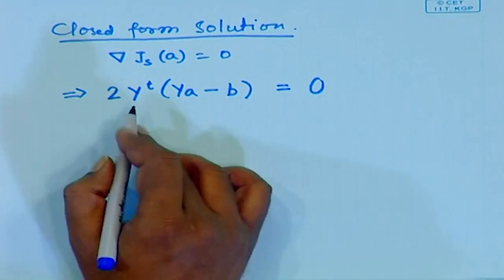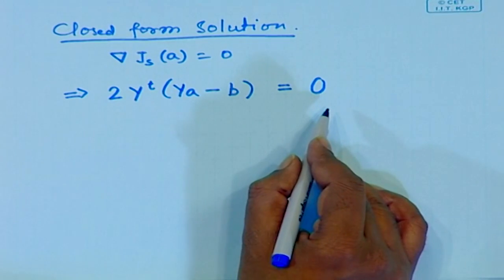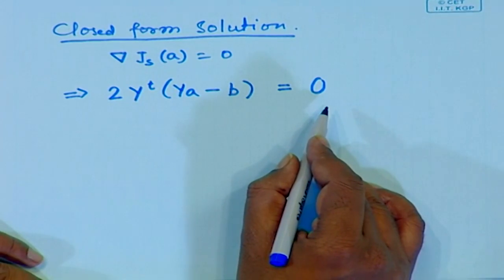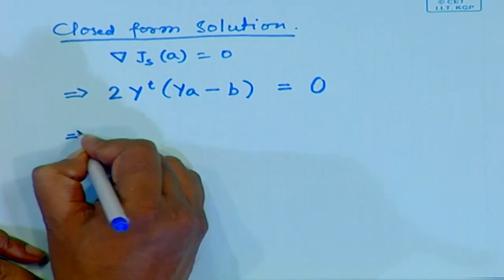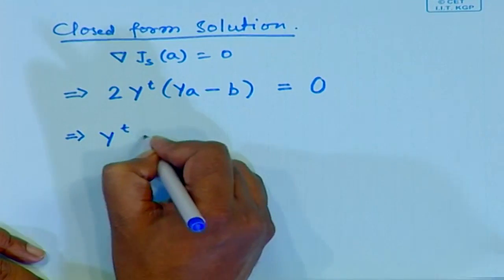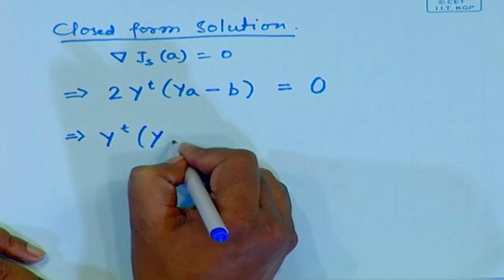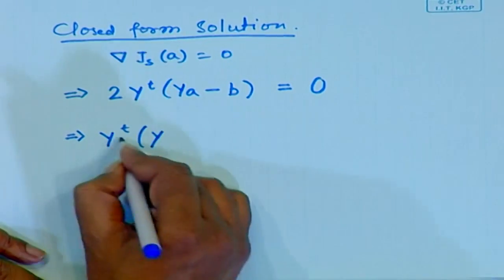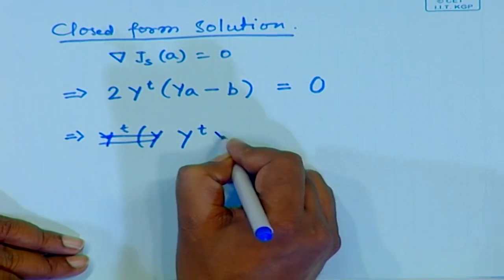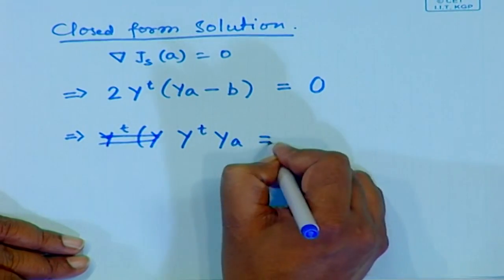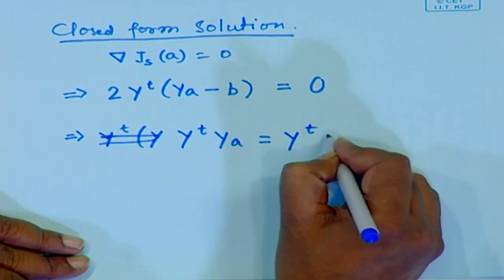This being a matrix equation, it has to be equated to a null matrix. And from here, I will get Y transpose Y a is equal to Y transpose b.